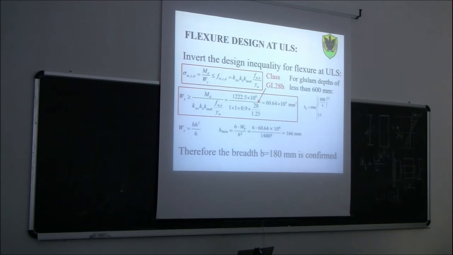So in the end, this will result in an optimized design in terms of volume of material. But your cross section would cost more, because they would also charge you for having to cut your beam. Exactly. Okay?